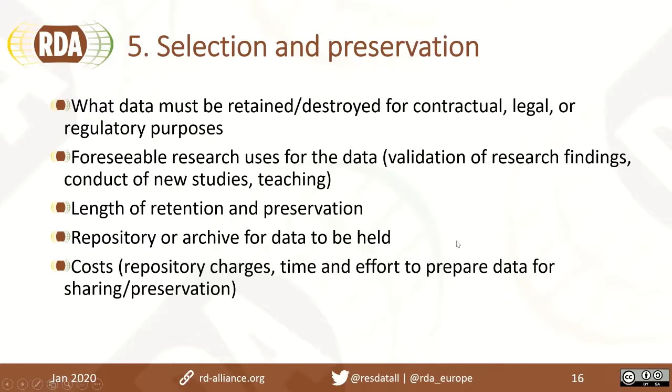So what uses of your data you are expecting. The data will be used to validate your findings, to conduct new studies, teaching. Sometimes it's difficult to know. The research is becoming more and more interdisciplinary, so it's not easy to know all the possible uses of your data. So there might be some uses that you cannot foresee.